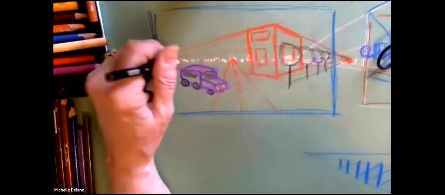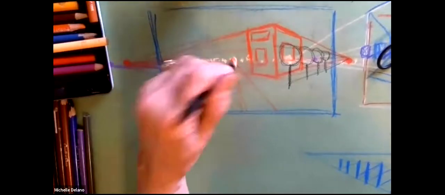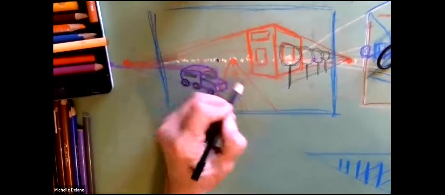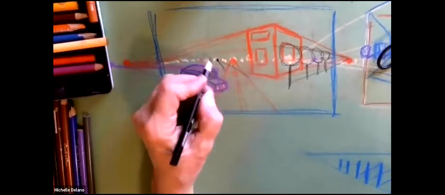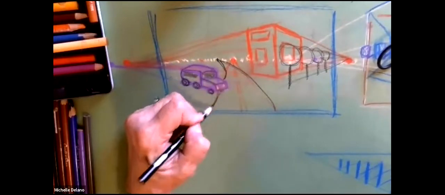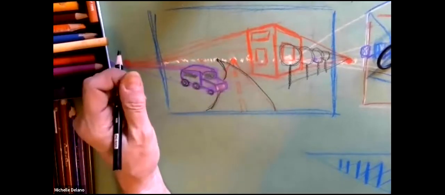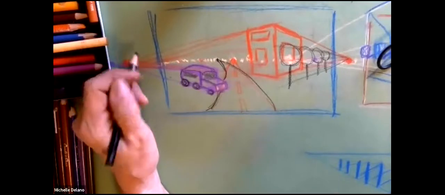If you have multiple 2-point perspective things going on, it really adds much more interest to your piece. And I think the difficulty is just finding where the perspective lines are.